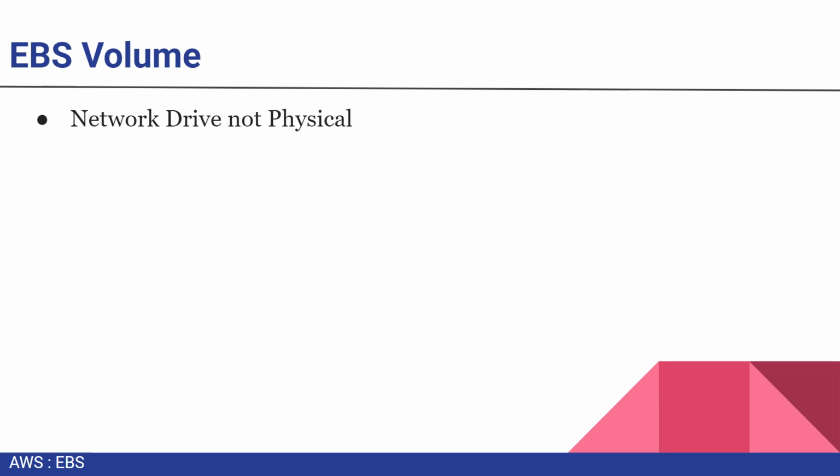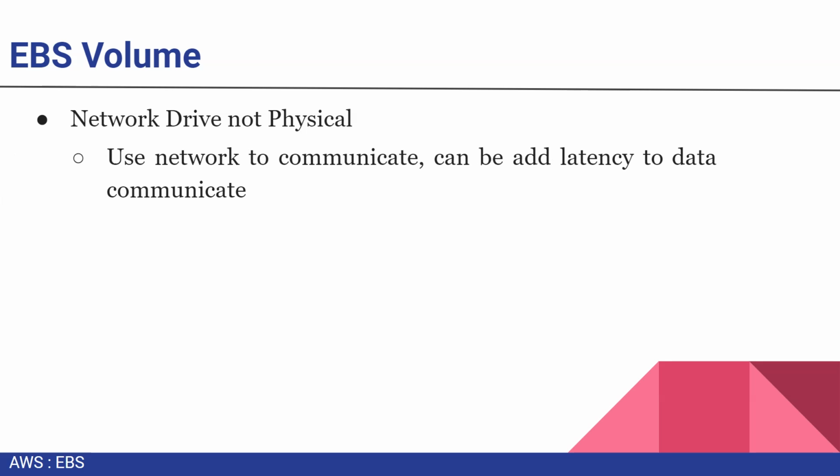An EBS volume is not a physical disk, it's a network drive. With a physical drive, communication is a bit faster, but here it's a network drive, so communication can add latency while transferring data. We have to keep this in mind, because this is not a physical drive.